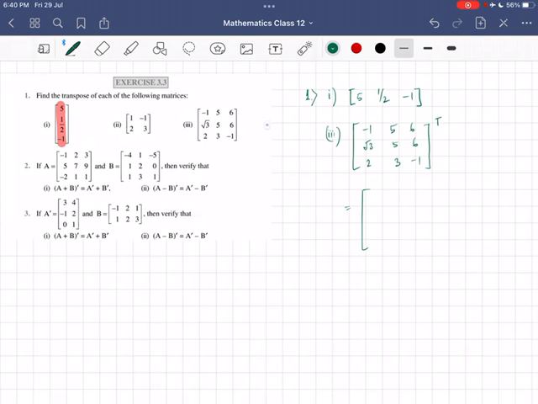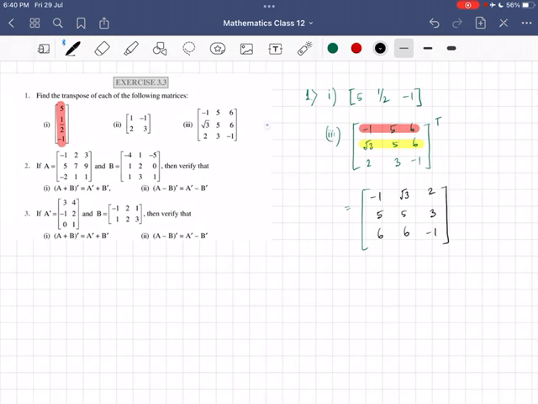Row 1 is this one, so it becomes column 1 now: minus 1 5 6. Row 2 is this one, so it becomes column 2 now: root 3 5 6. And the next one is 2 3 minus 1. So this is the transpose we got. This is how we do the transpose of any given matrix.